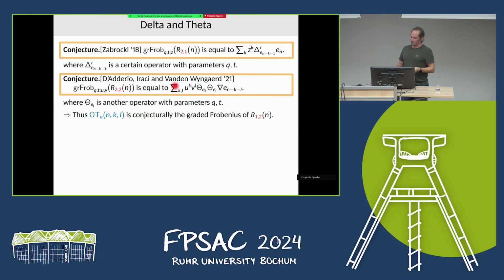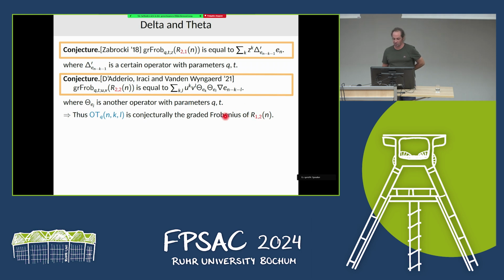But you probably don't remember, but if you take T equals 0, this is exactly the definition of my symmetric function OTQ. So it means that if you put T equals 0 there, then this is precisely the OTQ and KL, which is what I told you at the beginning.